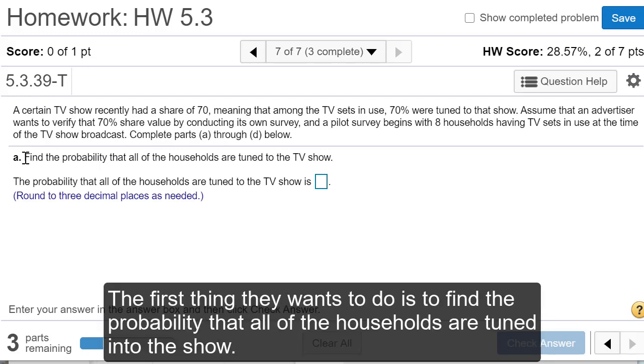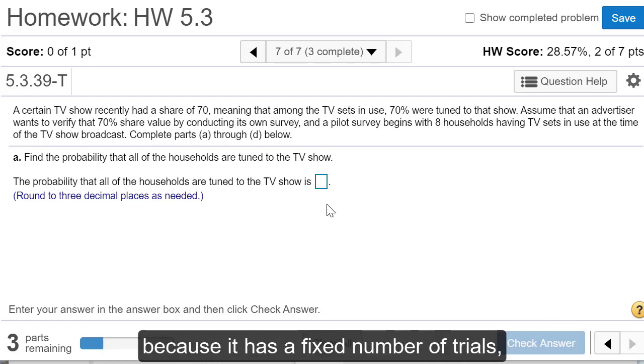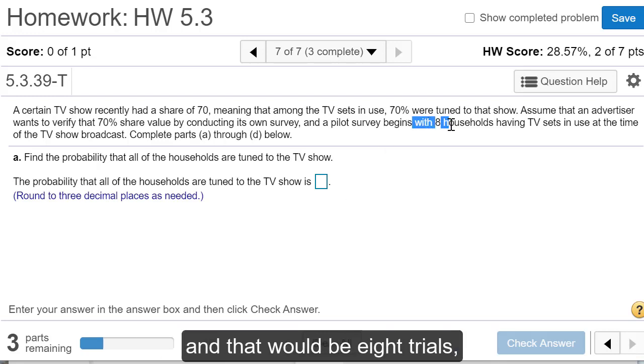First thing they want us to do is to find the probability that all of the households are tuned in to the show. This is a binomial distribution because it has a fixed number of trials, and that would be 8 trials. The categories fall into one of two choices.